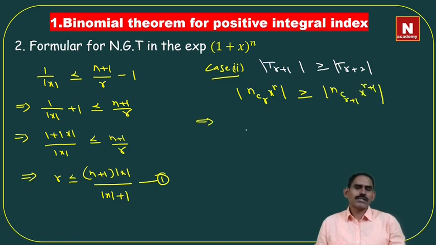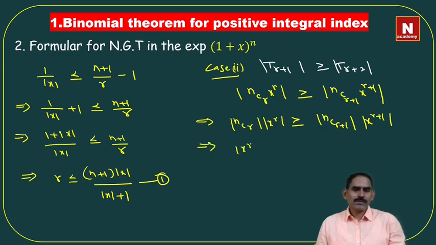Now, modulus of nCr into x power r is greater than or equal to modulus of nC(r plus 1) into x power (r plus 1). This implies we can write modulus of x power r by modulus of x power (r plus 1) is greater than or equal to modulus of nC(r plus 1) by modulus of nCr.